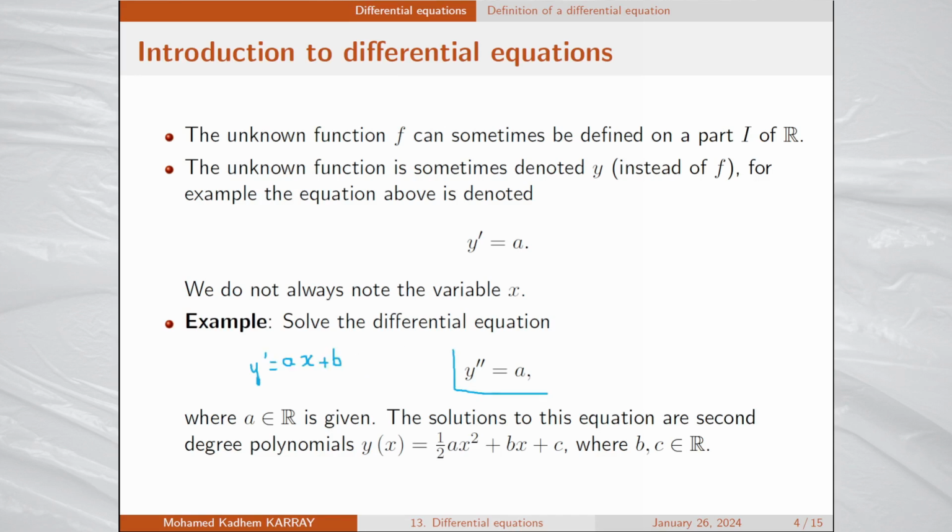We deduce that the solutions of this equation are the second degree polynomials in the form y of x equals 1/2 ax squared plus bx plus c. This formula here comes from taking the primitive a second time of this expression.